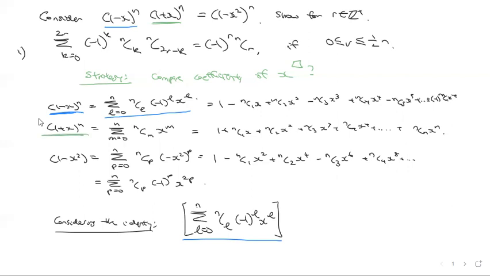So that's going to be the sum from m equals 0 to n of nCm x to the m. Of course, that just represents the entire thing here as well.